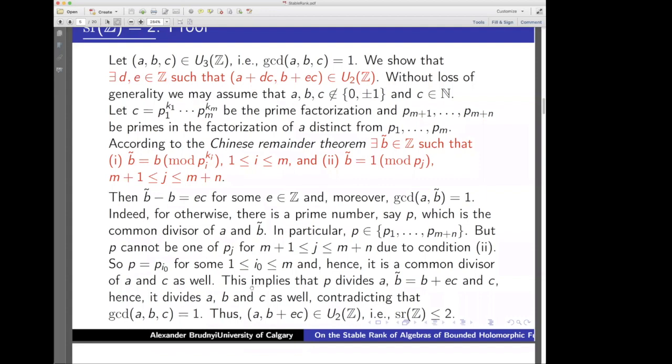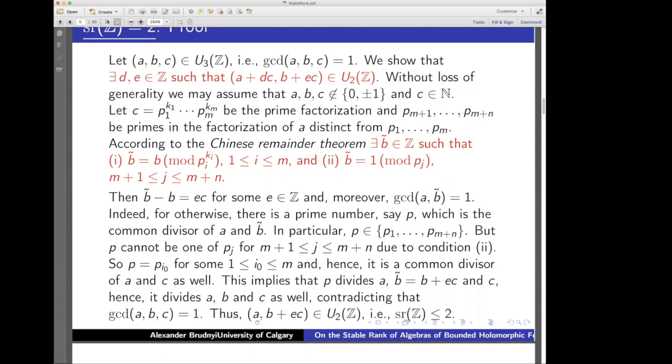So in particular, this implies that p divides b plus ec because of this fact. And so p divides c, in particular, it divides a, b, and c all together. But this contradicts the fact that the greatest common divisor of a, b, c is 1.